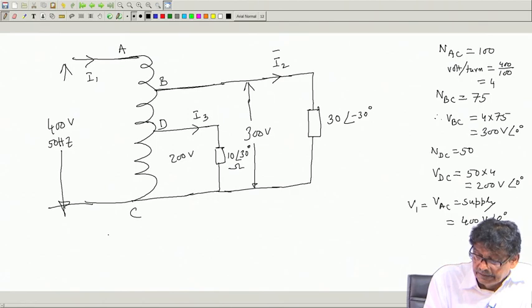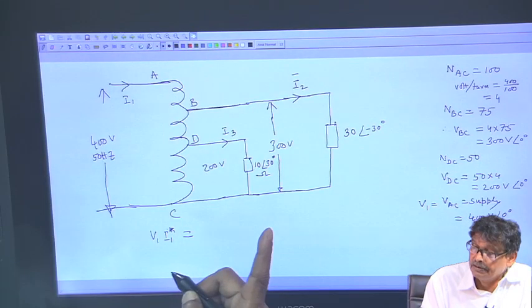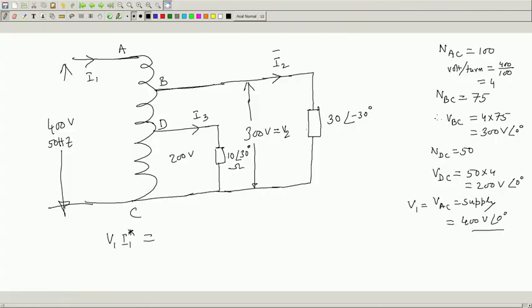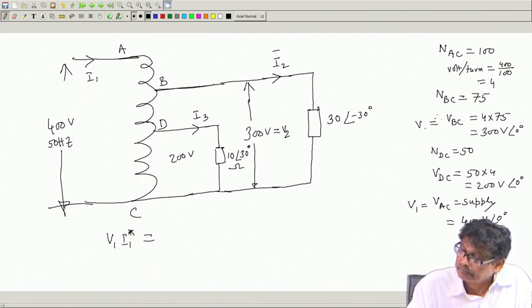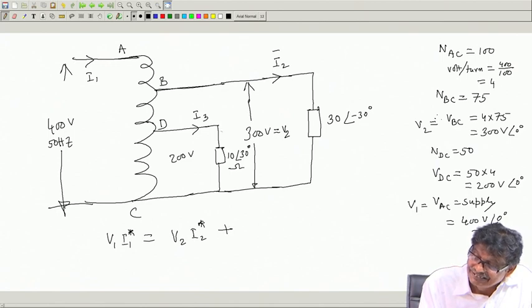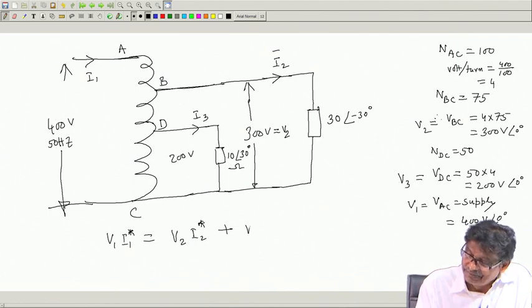So, I will say that V 1 I 1 star, the total complex power absorbed through the terminals AC, must be equal to V 2 I 2 star plus V DC, suppose I call it V 3, V 3 I 3 star.